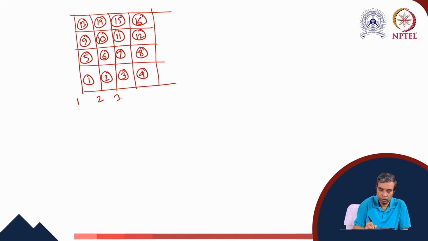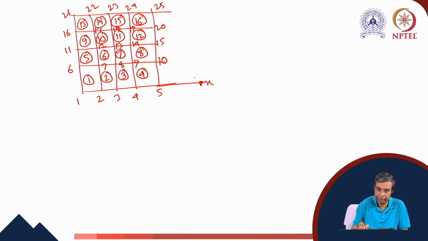These are the global node numbers: 11, 12, 13, 14, 15, 16, 17, 18, 19, 20, 21, 22, 23, 24, and finally 25.